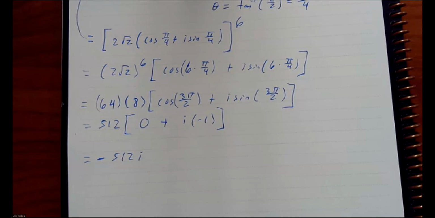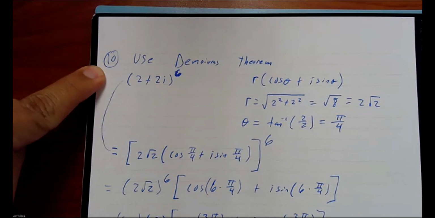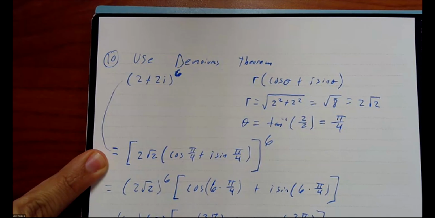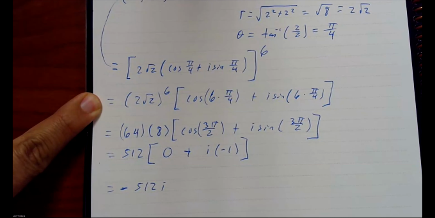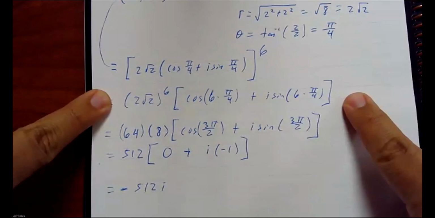Any questions about the steps, or the conversion from complex to trig form, and then using De Moivre's theorem to make the power simple?